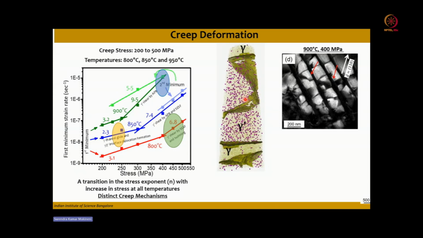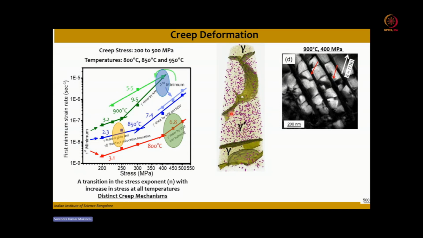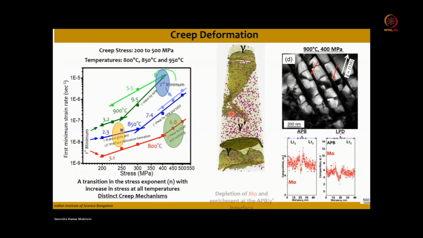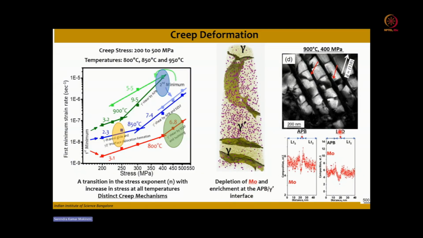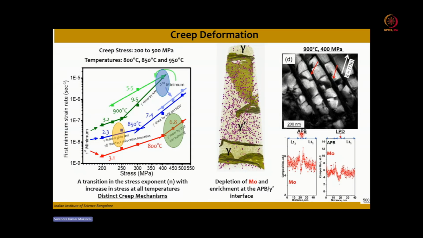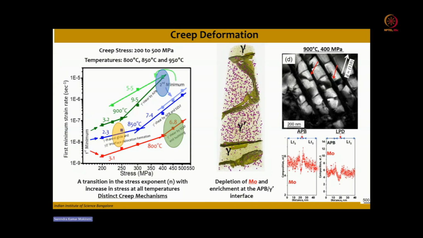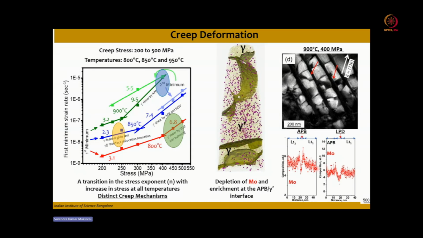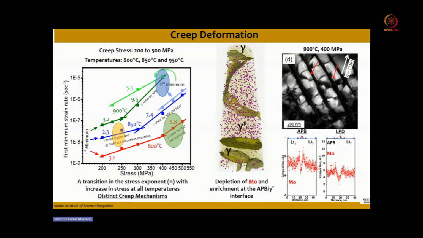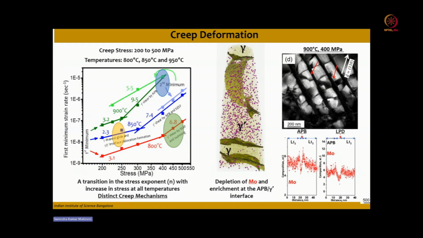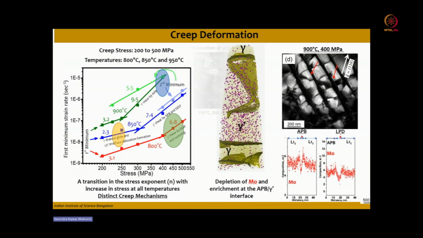Okay, and you can see that it is also associated with the partial defect. If you take the composition profile across the partial defect and also the antiphase boundaries, you can see that in both the regions, the moly is desegregated. So there is a depletion of moly and enrichment at the antiphase boundaries of gamma prime interfaces.